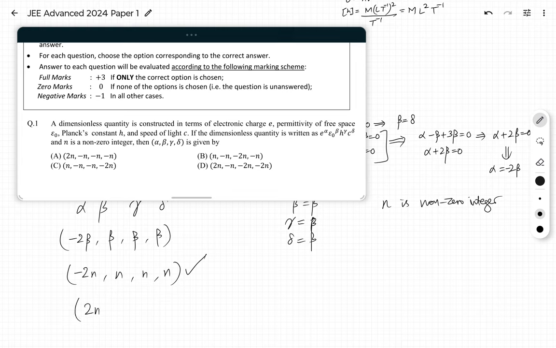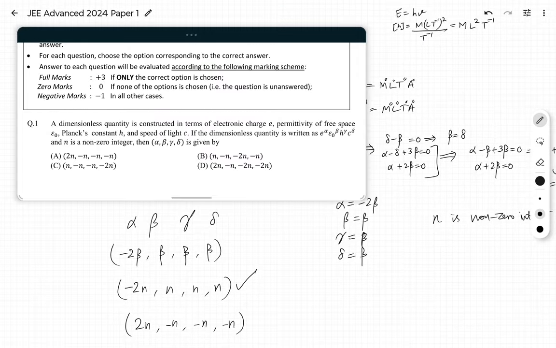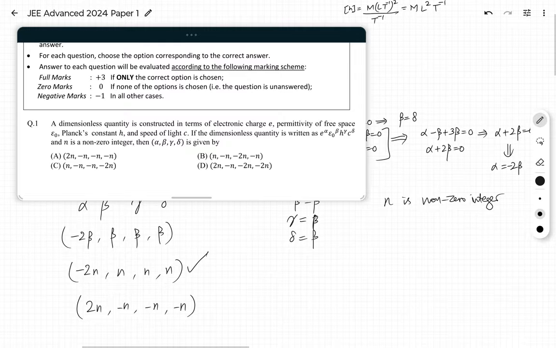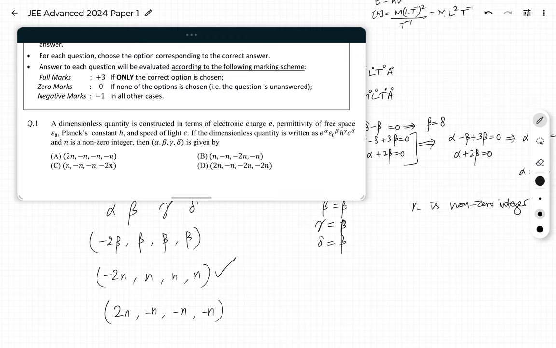So 2n, minus n, minus n, minus n. This is also a set of alpha, beta, gamma and delta, interrelated among themselves in the same way, where n is a non-zero integer. So let's check which option matches. 2n, minus n, minus n, minus n, option A.